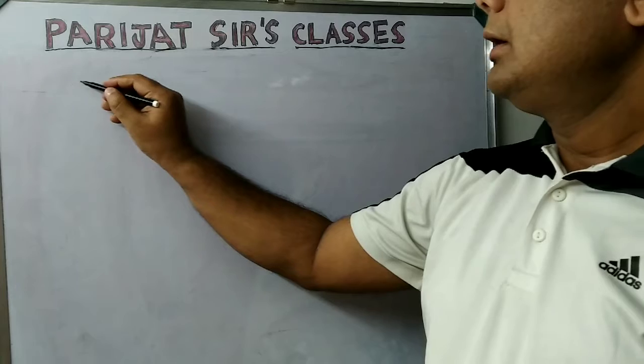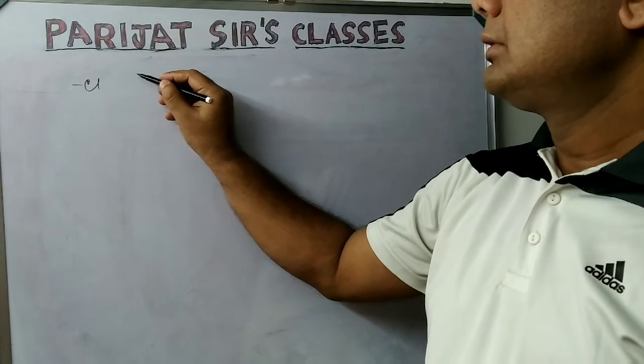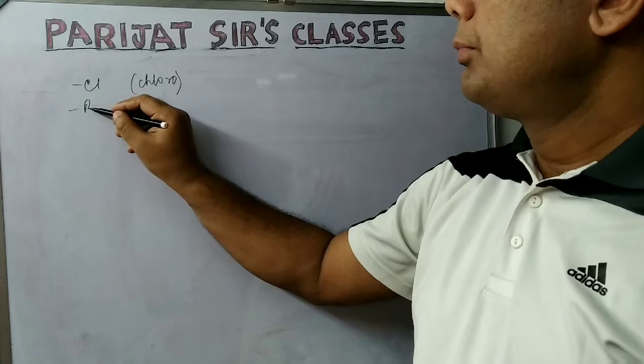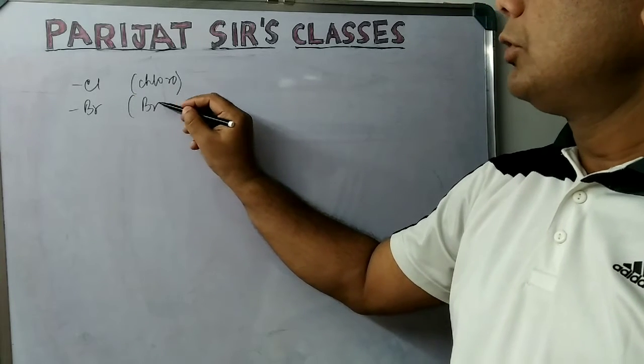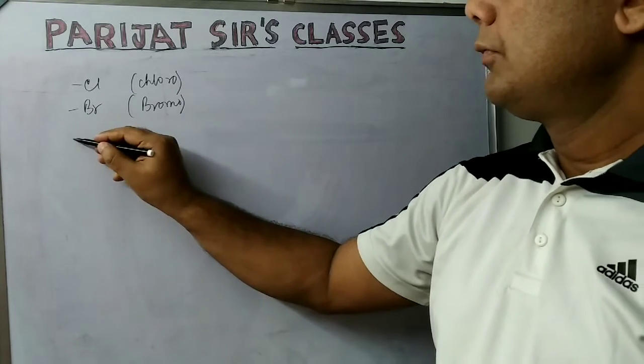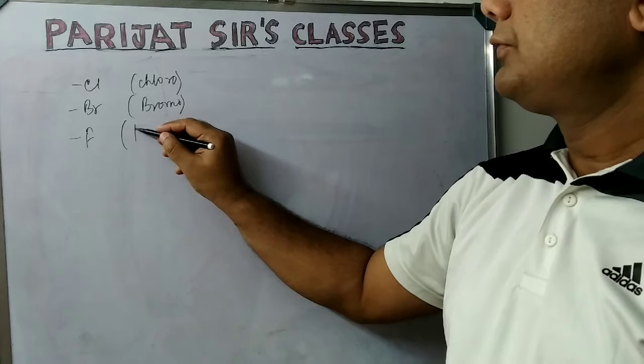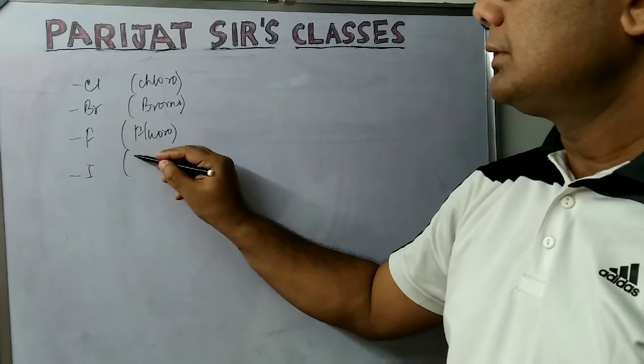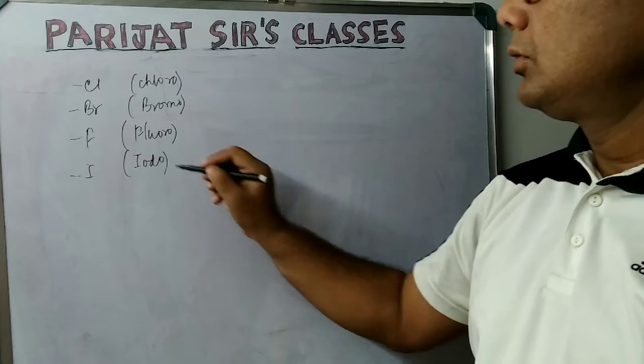Now, if chlorine is attached, the name will have chloro. If bromine is attached, it's bromo. Fluorine is fluoro. Iodine is iodo.